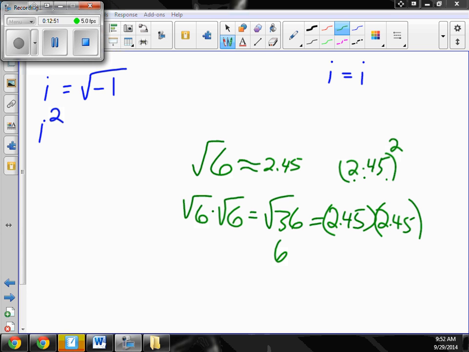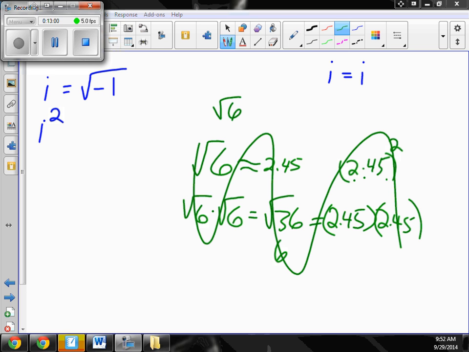And 2.45 is actually the square root of 6. So if I took the square root of 6 and squared it, I would get 6. Why? Squaring and square root are opposites. So anytime you square a square root, your answer is just whatever's in the middle.